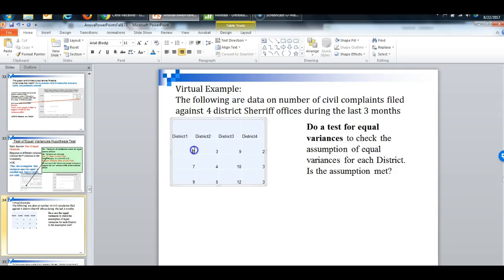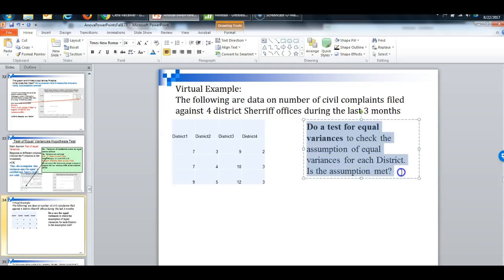In month 1, District 1 had 7 complaints, District 2 had 3, District 4 had 2. In month number 2, and so on. So we have a sample of 3 in each district. We want to do a test for equal variances to make sure that we could do an ANOVA if we were going to.